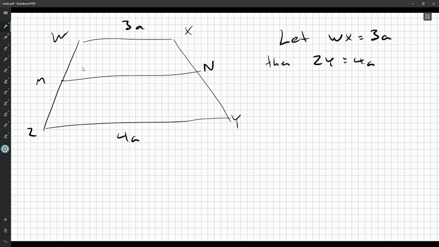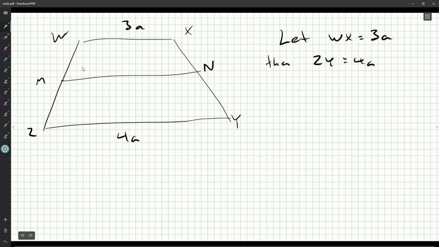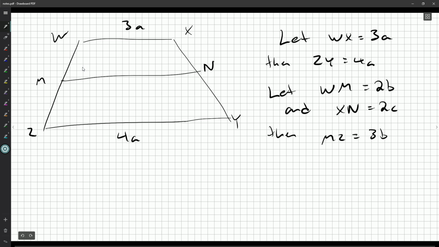And then what was our... We had a 2/3. Two of them were 2/3. WM to MZ and XN to NY. So if I were to let WM equal 2B and XN equal 2C, then MZ is 3B and NY is 3C.